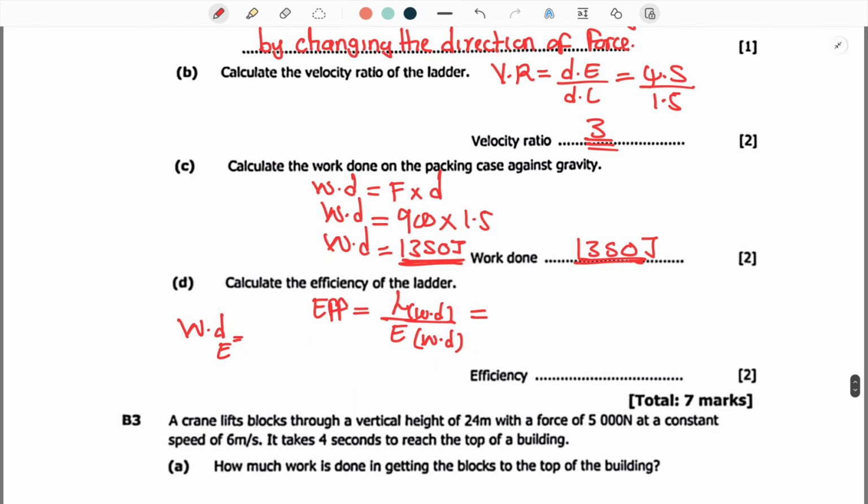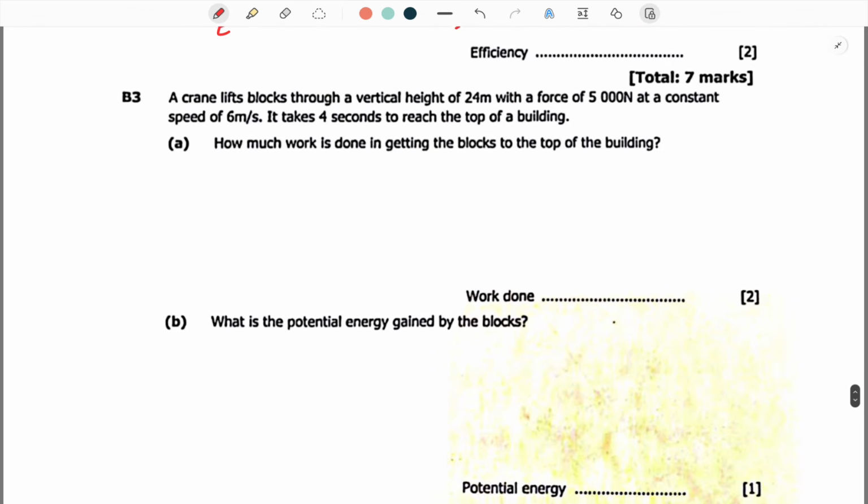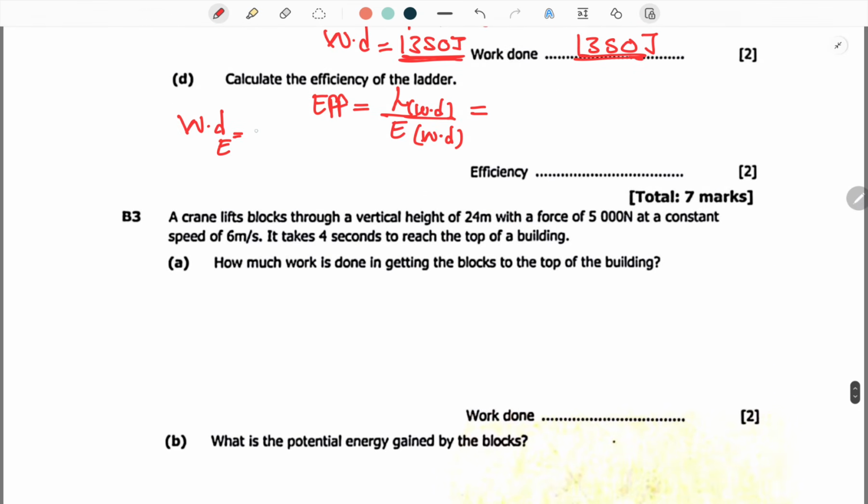So you do the same thing that you did there to calculate your 1350. It will be 450 multiplied by 4.5. You are getting 2025 joules, right?